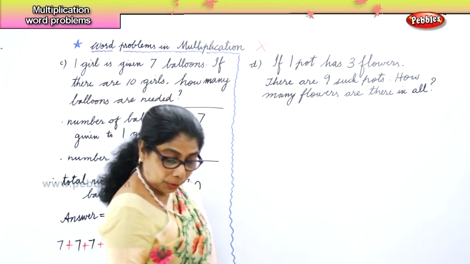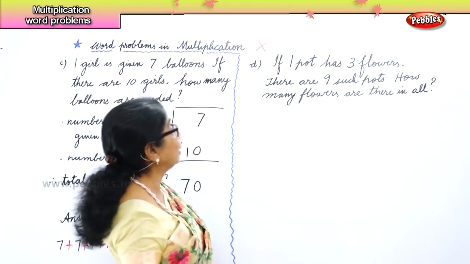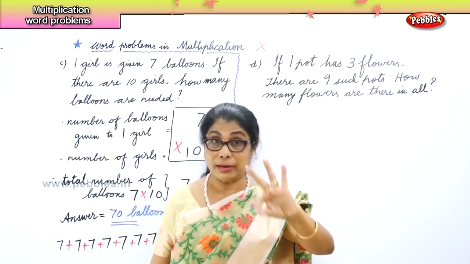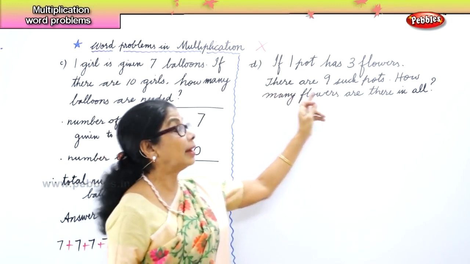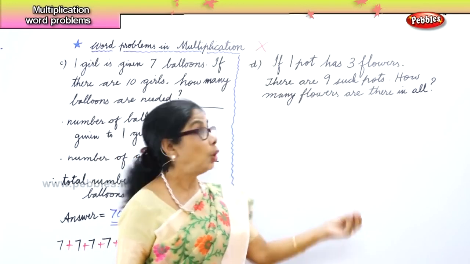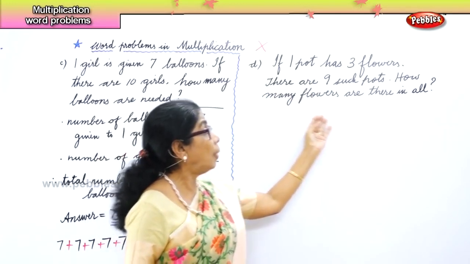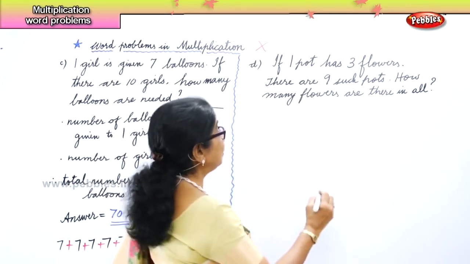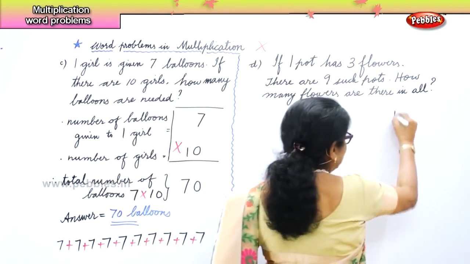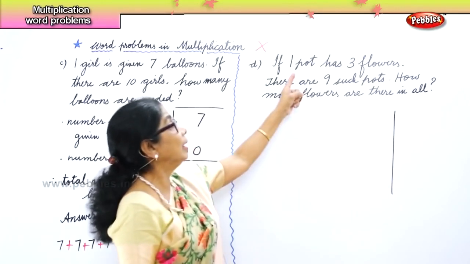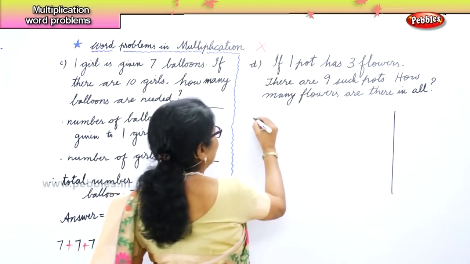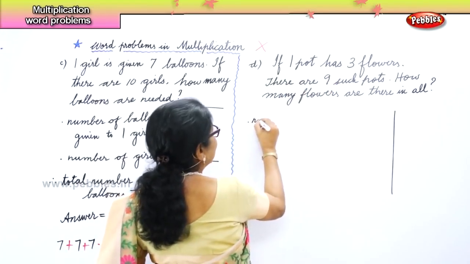Now we have another problem here. Let's read the problem. If one pot has 3 flowers and there are 9 such pots, we are asked to find out how many flowers there are in all. So what will be the first statement?